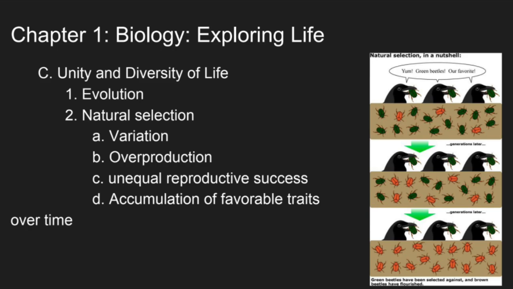So now that we've talked about genes, DNA, and genomes, let's talk about how those are applied in organisms. So evolution, as defined by Charles Darwin in his book about natural selection, he identified four different parts to the idea of natural selection: variation, overproduction, unequal reproductive success, and accumulation of favorable traits.